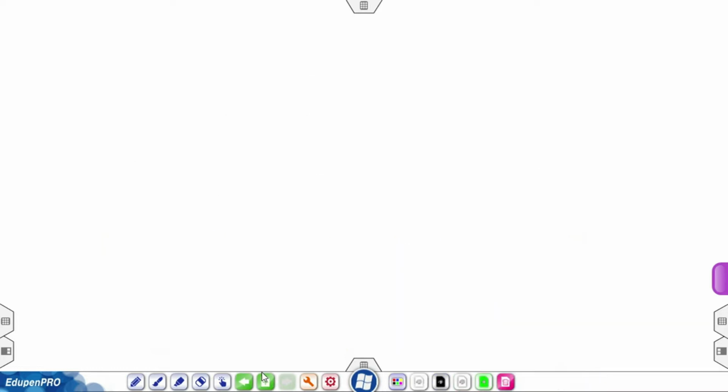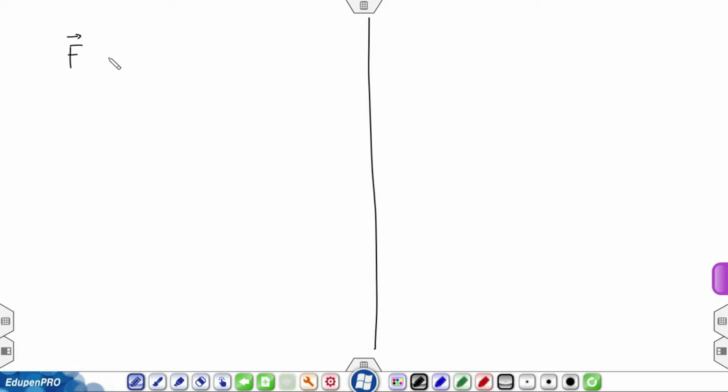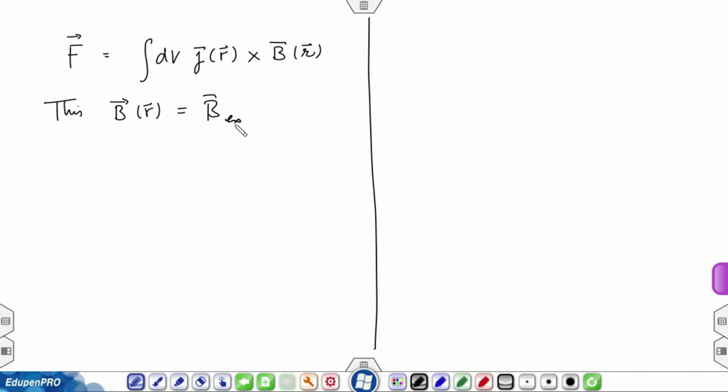So, to do that, we again write the force on some current distribution is nothing but integration dV j(r) cross B(r), and this B(r) is B external that we may have applied plus B due to j.